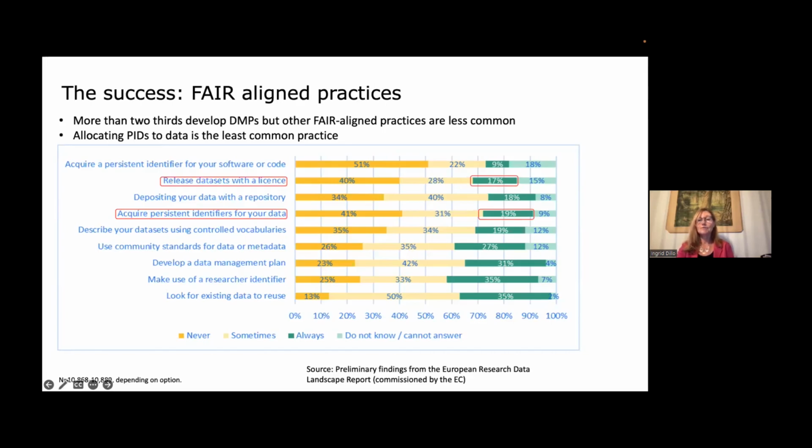As you can see, only 17% of the researchers add a license and only 19% add a persistent identifier to their data set. So you could argue, on the other hand, that researchers probably do not need to know the term FAIR itself. They just need to align with the practices. But also when you look at those practices, we're not there yet.